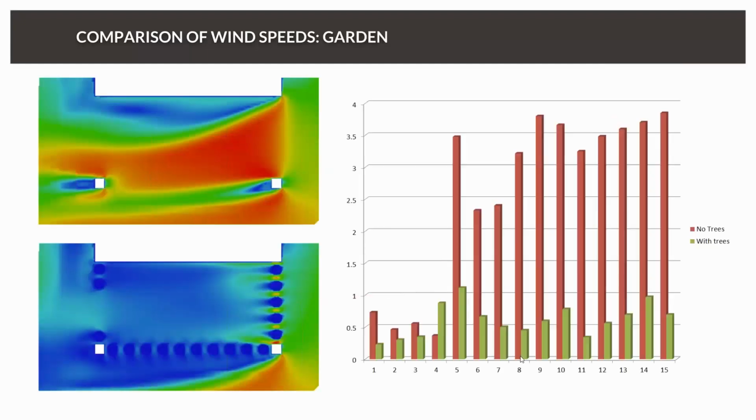And if we now take a closer look, we can really see the effect of the trees. It's actually like a grill in a car a little bit, and you can see how much the wind speed was reduced in the dining area from an average of around 2.5 meters per second to 0.4 meters per second.